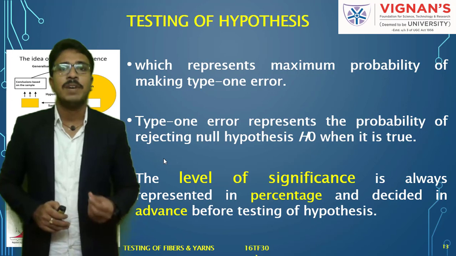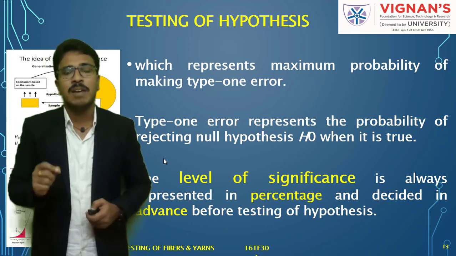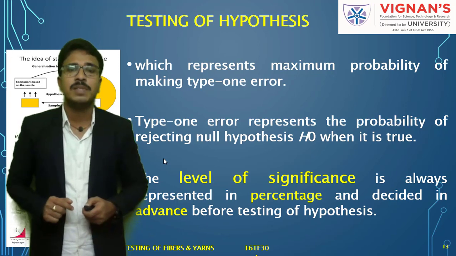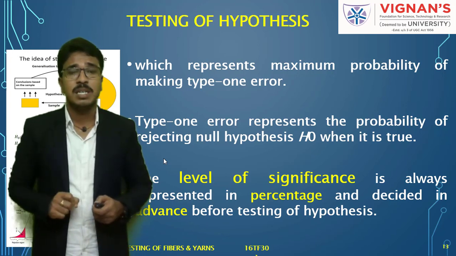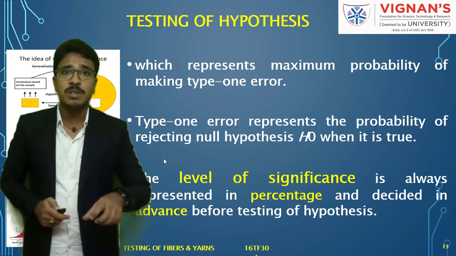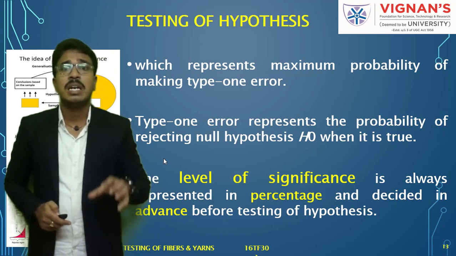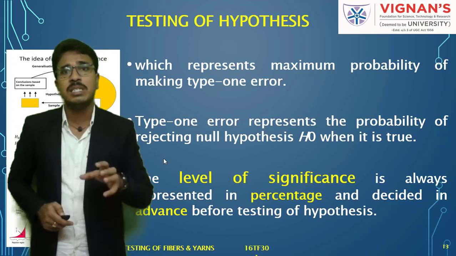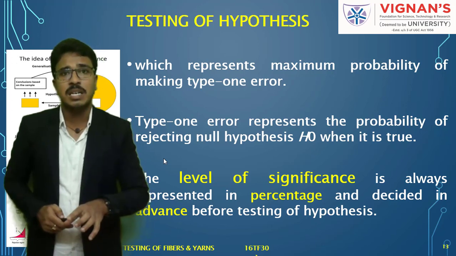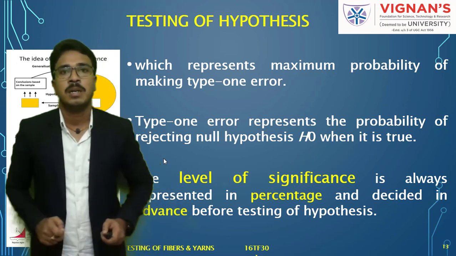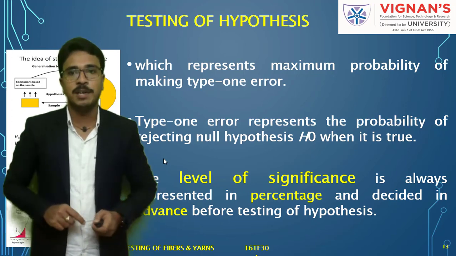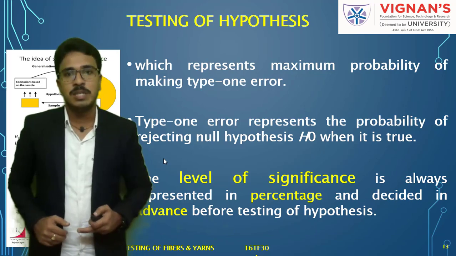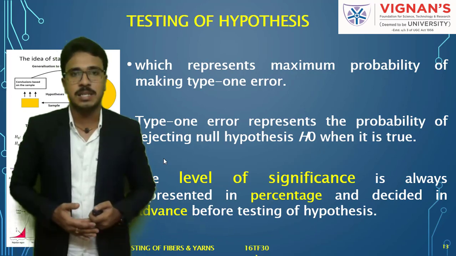For example, if the level of significance is 5%, that means the confidence level of the confidence interval is 95%. Understand? This we need to decide before starting the hypothesis testing.